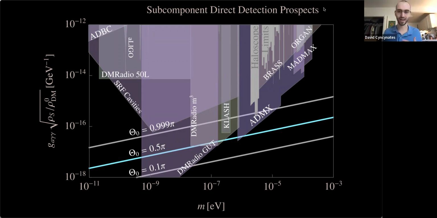And only if you have exponentially fine-tuned initial conditions will you get order 1 improvement in the sensitivity. So this is the picture of vanilla direct detection of an axion-like particle produced via misalignment.